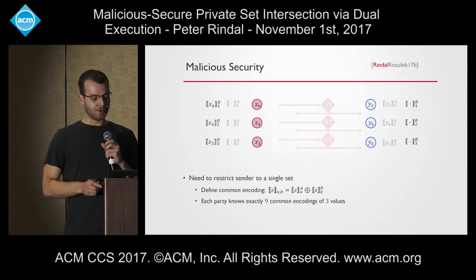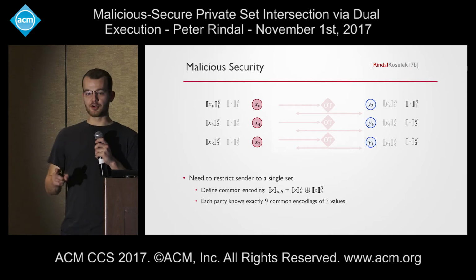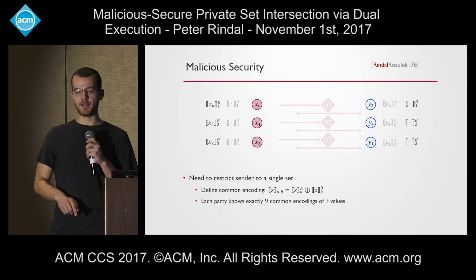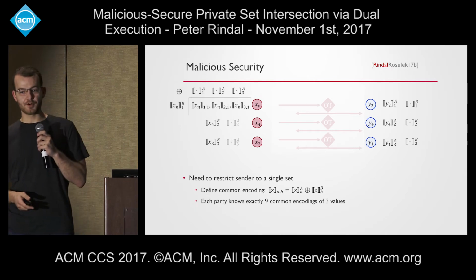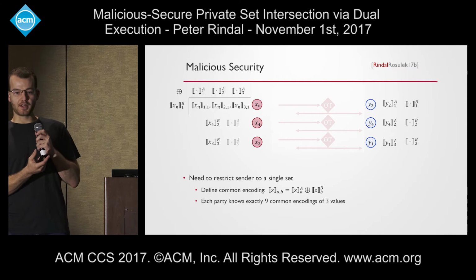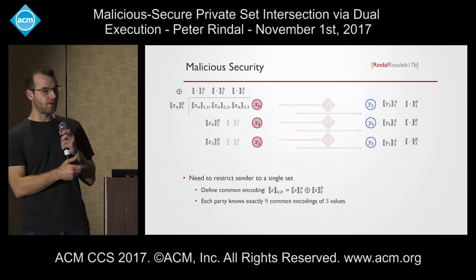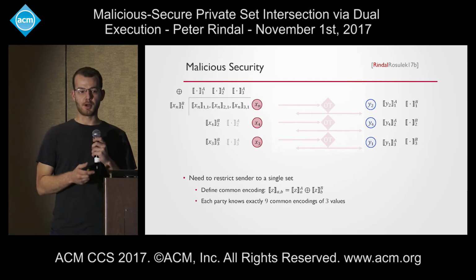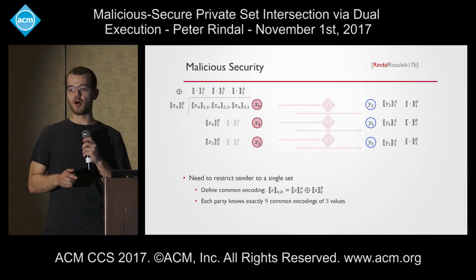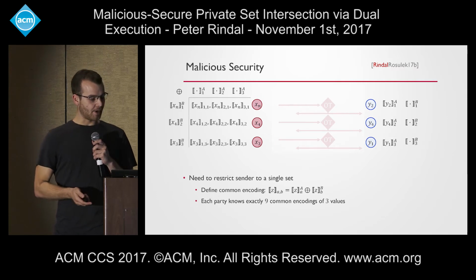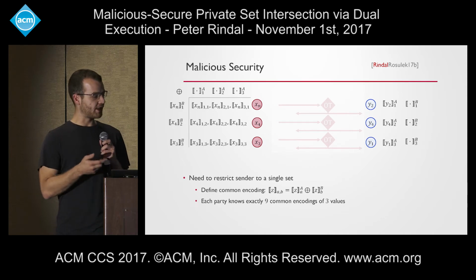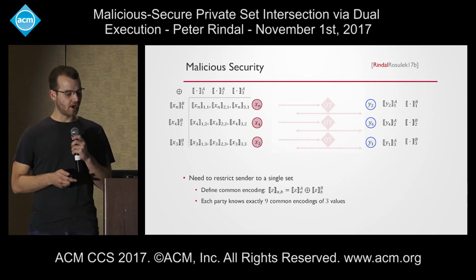Now, each party can compute 9 of these common encodings, but crucially, they only have 3 different semantic values. In particular, let's take xn, for example. You can take the B encoding of xn and combine it with the 3 different A encodings of xn and come up with 3 common encodings, but they all have the same logical value. By continuing this, we can generate this sort of square matrix of encodings.